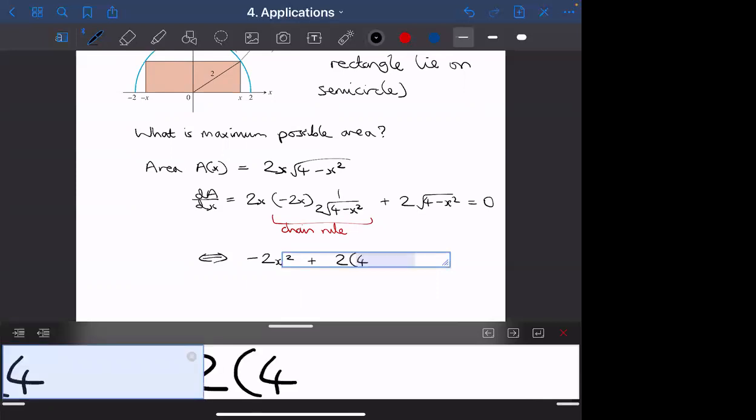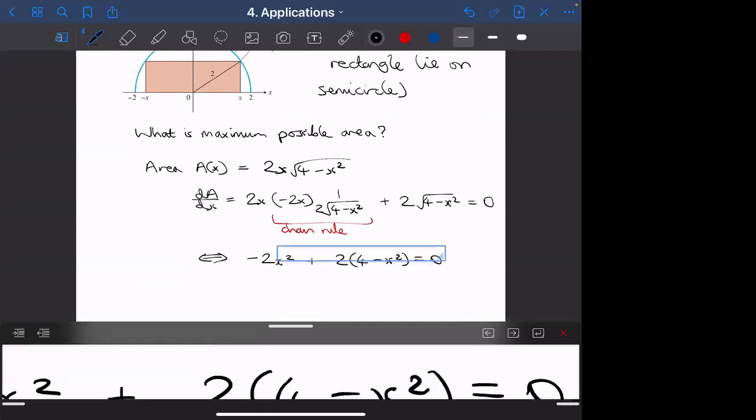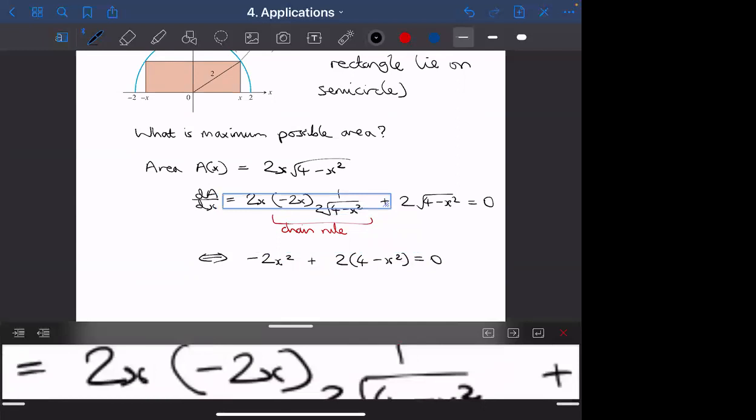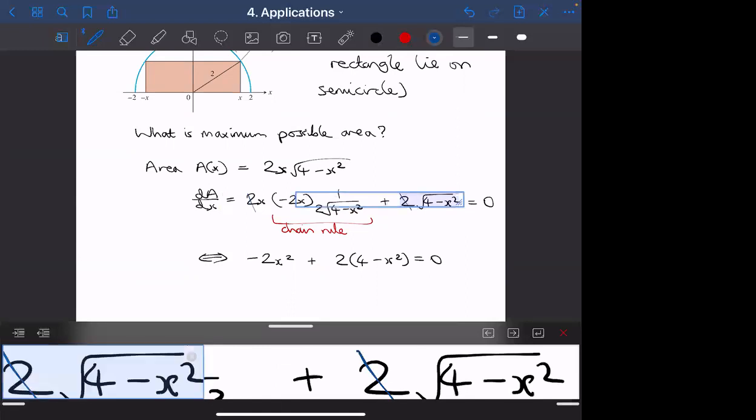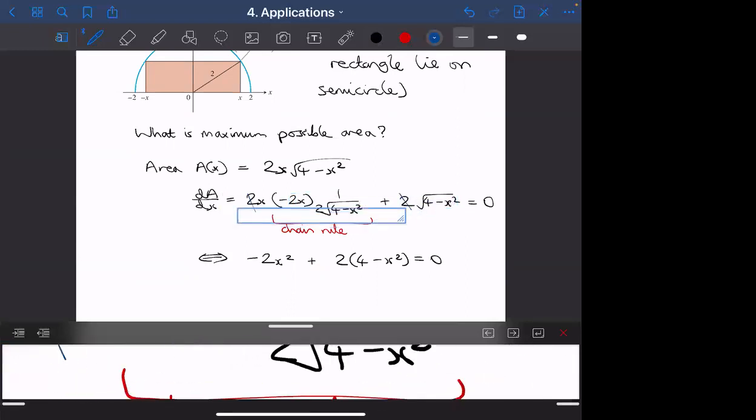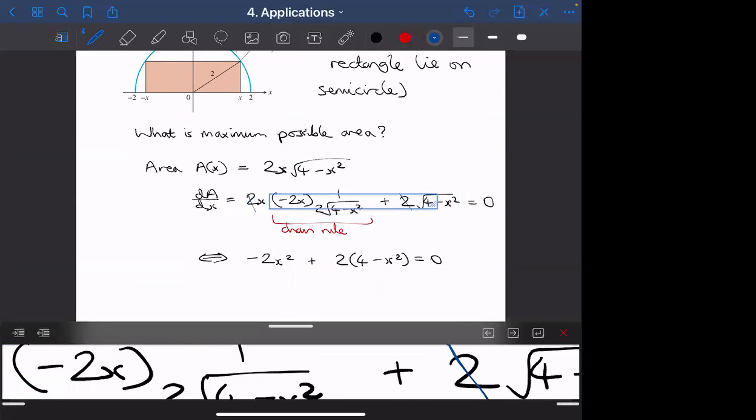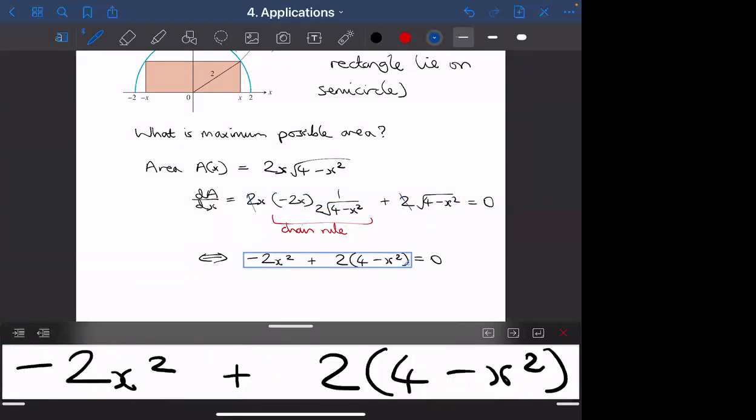It should be this. So why does this work? Well, I can cancel these 2's. And then the first 2 and the second 2 in this equation become the first 2 and the second 2 in this equation. That's right.